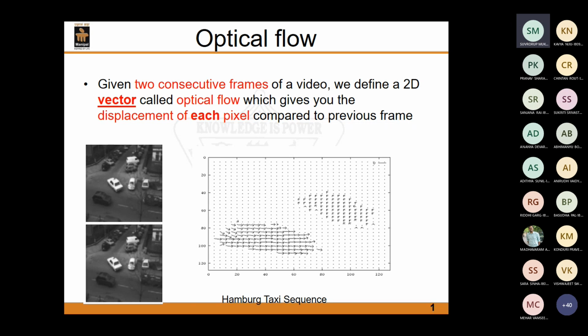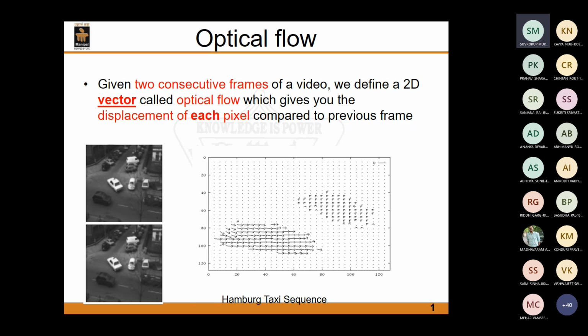Now, tracking by matching itself can be subdivided into two different types. The first one is where you try to track by summary representation, or summary matching. In tracking by summary matching, you locate regions of interest, give a representation of the summary of that region with the help of histograms, and match the histograms to find those which are the most similar.